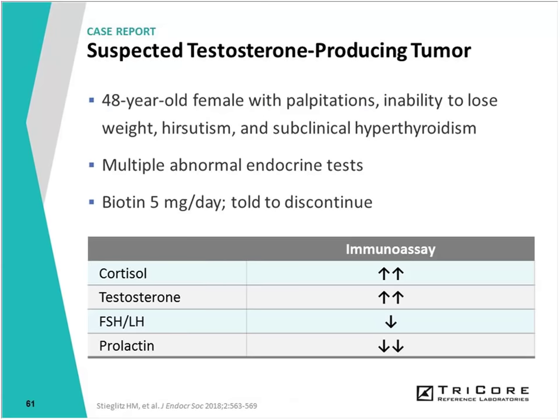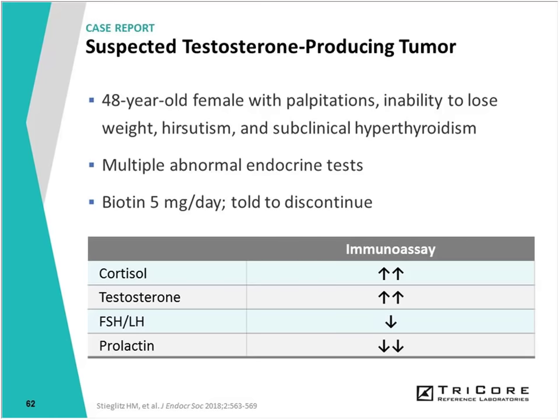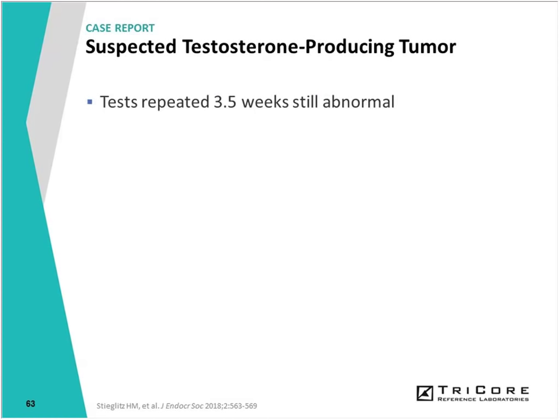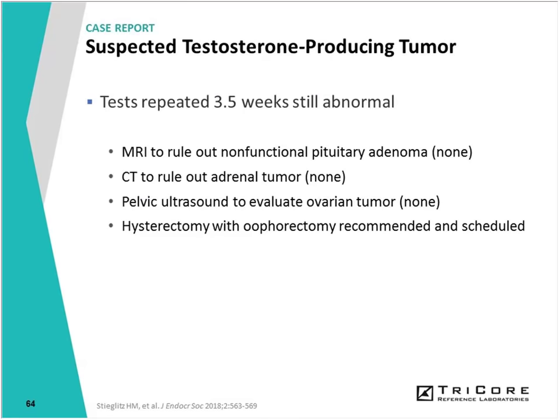Now, the patient indicated that she was taking over-the-counter biotin supplements at 5 milligrams per day, and she was told to discontinue using them so that the biotin could clear, and then the test would be repeated. So the tests were repeated 3.5 weeks later, but they continued to produce the same abnormal results.